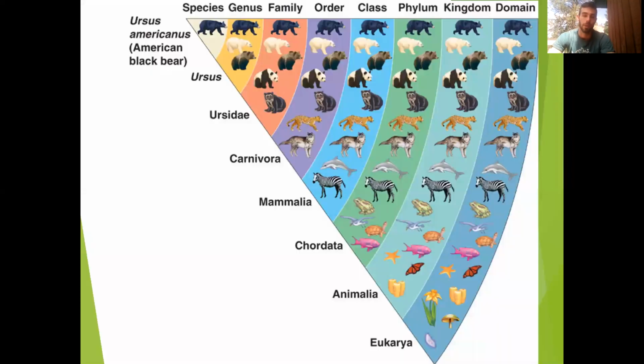So for instance, we have our black bear, Ursus americanus, who's in a genus, Ursus, who's in a family, Ursidae, who's in an order, Carnivora, who's in a class, Mammalia, phylum, kingdom, domain. And so we can keep spreading out and getting bigger and bigger and incorporating more and more things, or we can zoom in further and further into the tree.